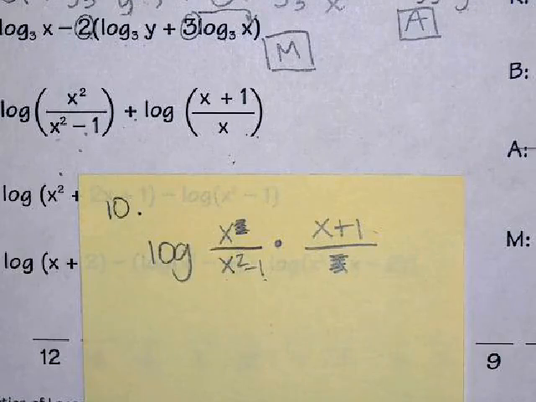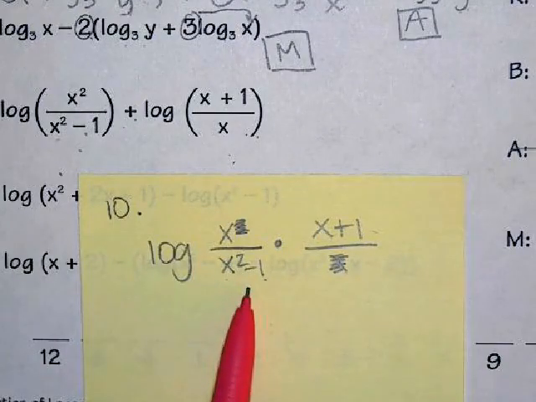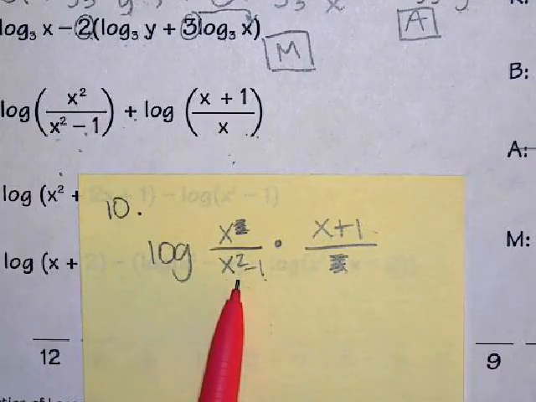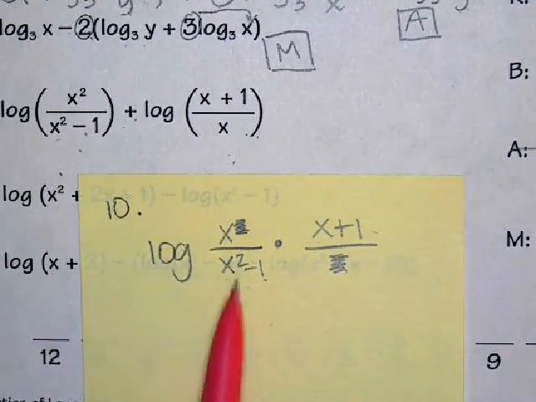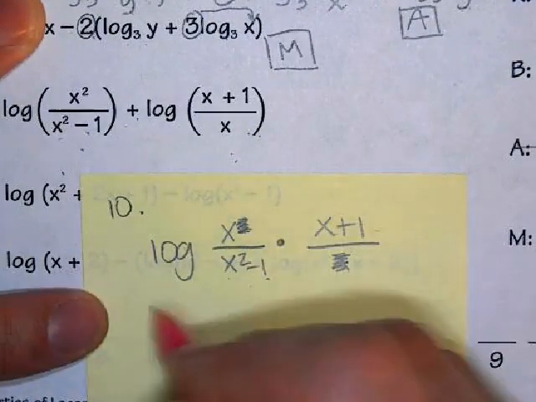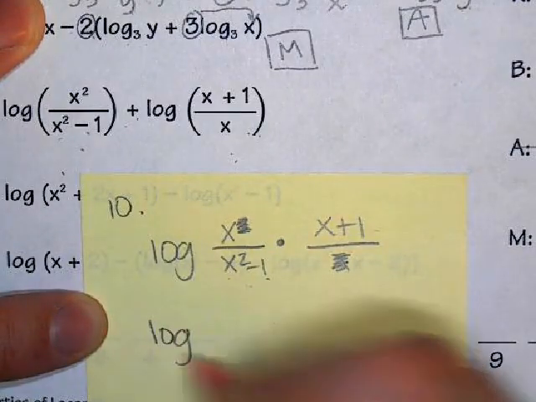We gotta factor this one, though, to simplify them. And you want to remember how to factor x squared minus 1? You're close. X plus 1, x minus 1. So what we have right now is x over x plus 1, x minus 1.